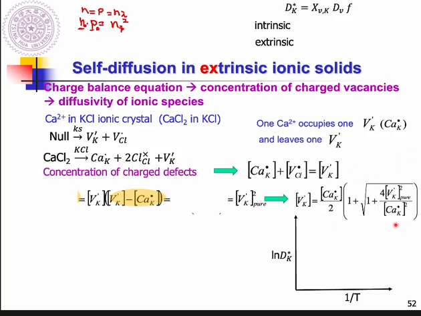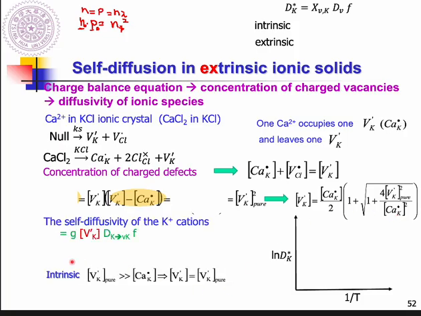This is a little bit complicated, but if you take a look carefully, we need to figure out which one is larger, this term or this term. Vk in pure ionic, no dopant, no intrinsic ionic material, the concentration of Vk is much higher or much lower than the dopant, then we will know the Vk, right?